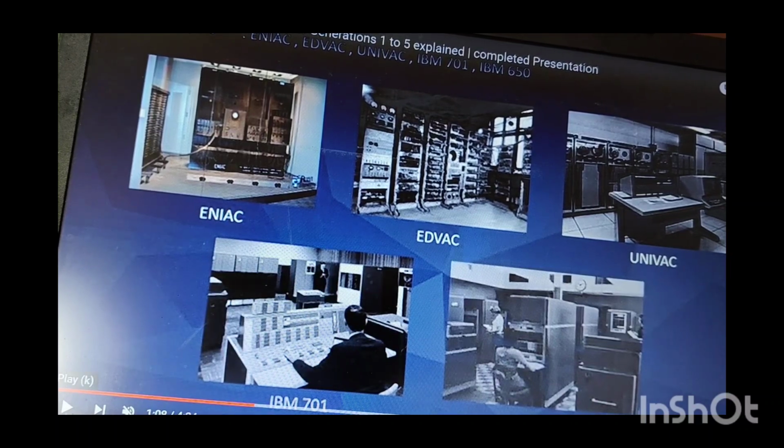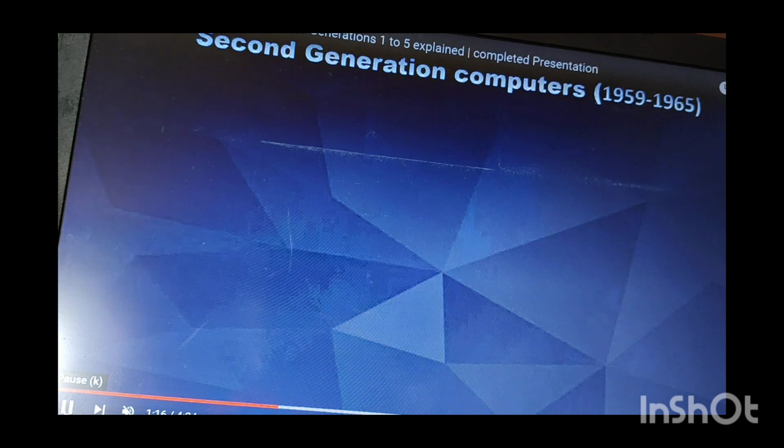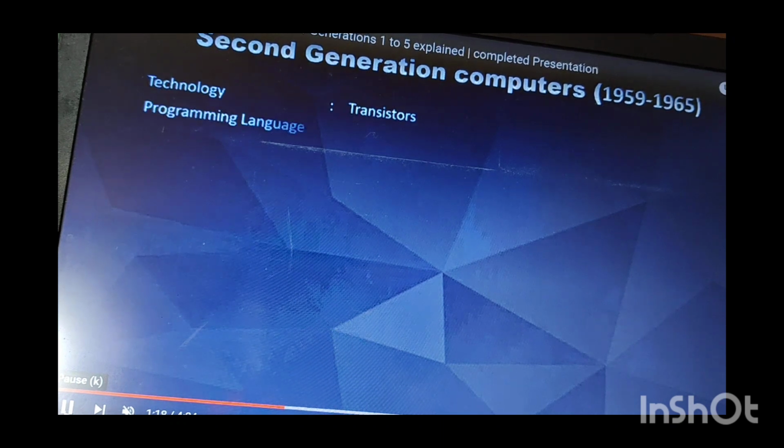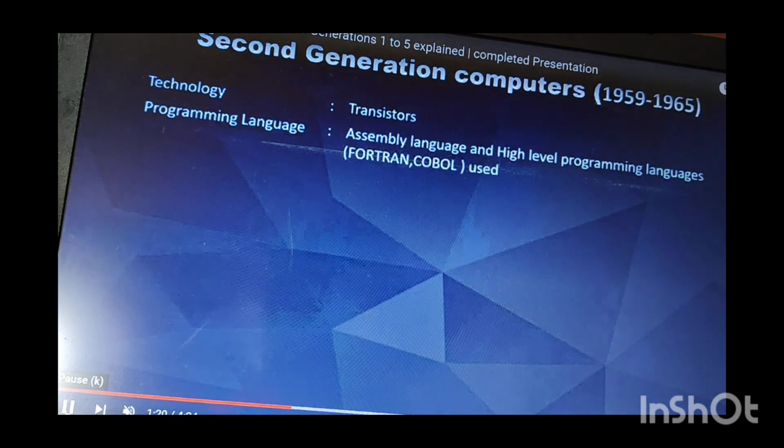Now let's come to the next generation of computers, the second generation. The span of the second generation was 1959 to 1965. The size of these computers was still big, but smaller than the previous one, that is, smaller than the first generation.